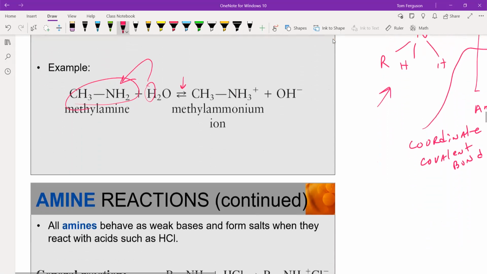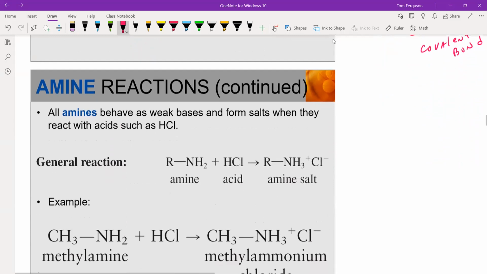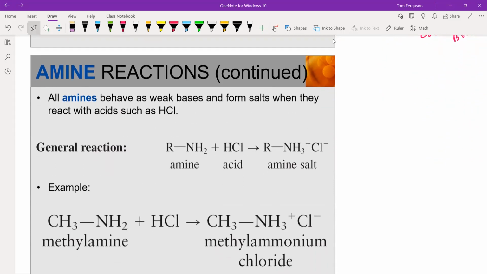Now, additionally, by the definition of an acid, an H plus dissociates.